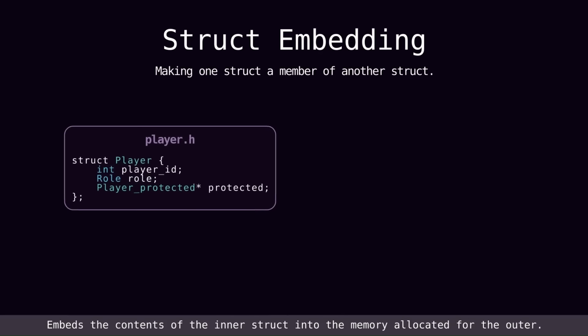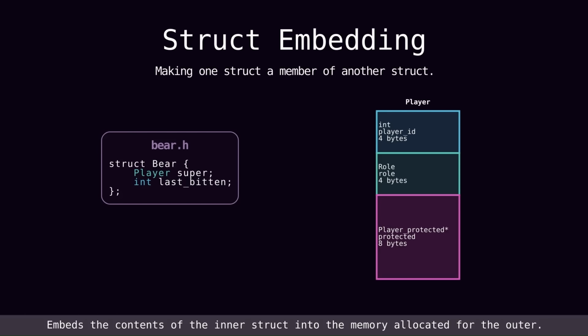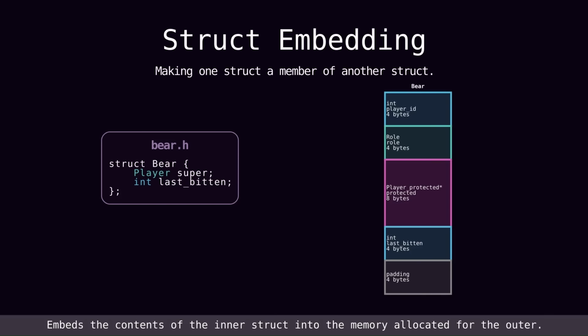At the moment in memory, the player struct looks something like this, depending on your architecture. But what if we now embed the player struct inside the bear struct as the first member? The full memory layout for bear would then look something like this, implementation defined of course. You see that the player data, the parent type, is incorporated as part of the memory allocated for bear as one contiguous block. Thus, it's almost as though bear has inherited these member variables for itself.